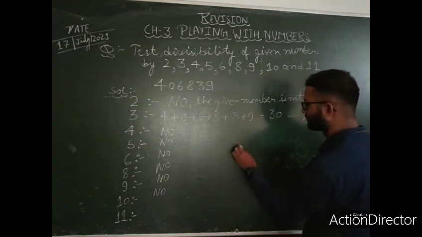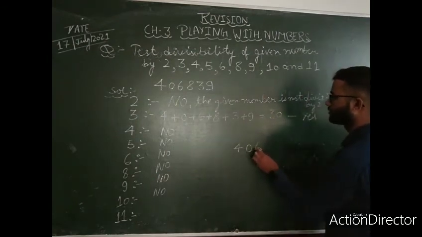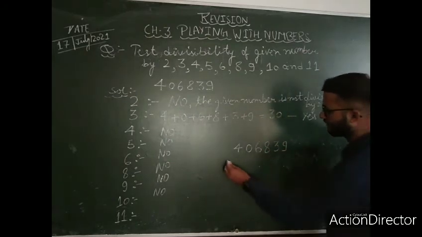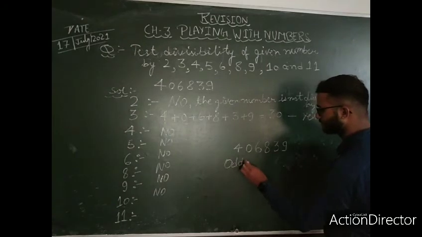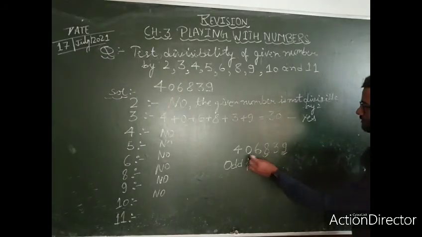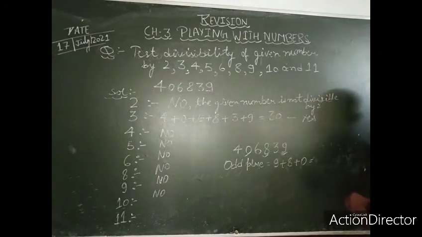So here we write this number, 406839, right? First we add digits in odd places: 9, 8, 0. So 9 plus 8 plus 0, and 9 plus 8 is 17, right?